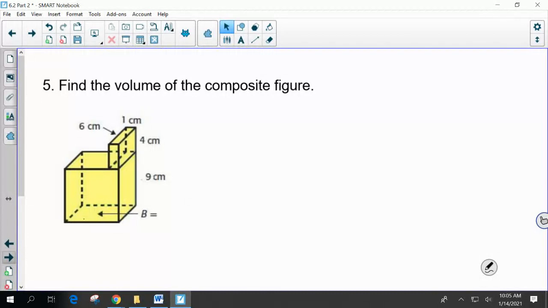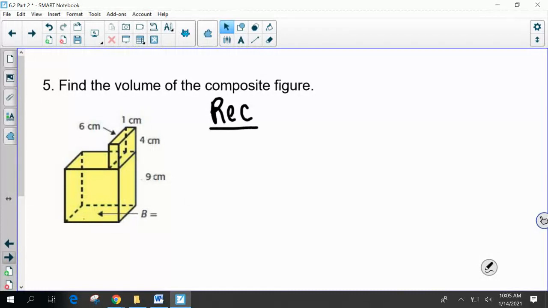But, okay, so we are going to have to calculate the top and the bottom separately. What kind of shapes are both of these? One's a rectangle and one's a square. Well, they're both technically rectangular prisms because a square would still be a rectangular prism. So there's a larger one and a smaller one.